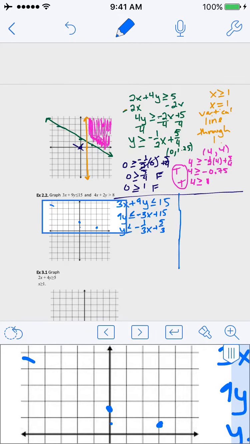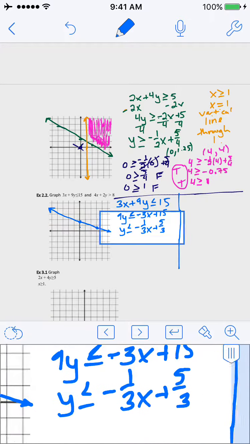You're going to draw it a lot better than that, because that wasn't close to the line you wanted. You want to get at least through the dots. It doesn't have to be perfectly straight, but we at least got to go through the dots. So we've got a solid line, and then we will wait to shade.